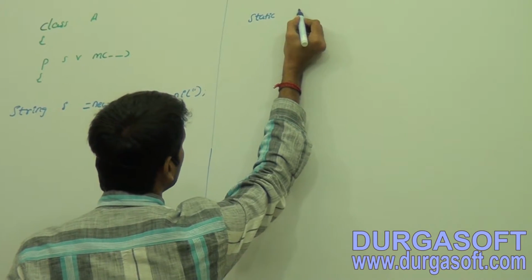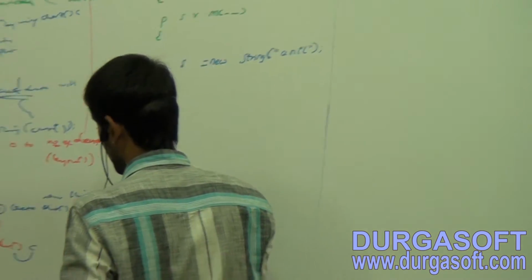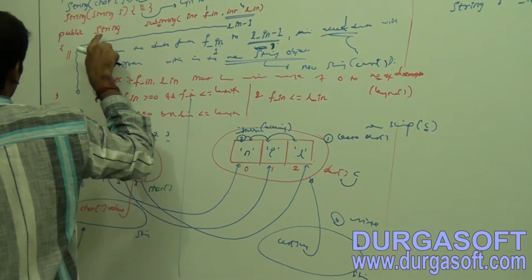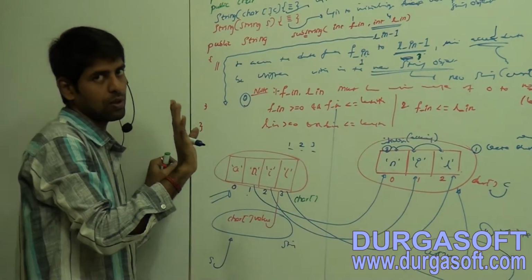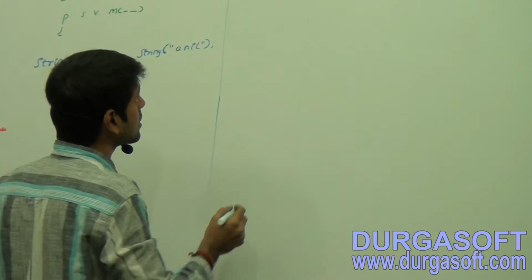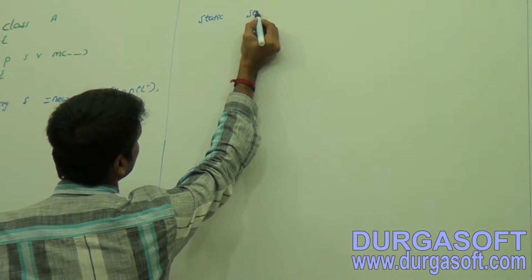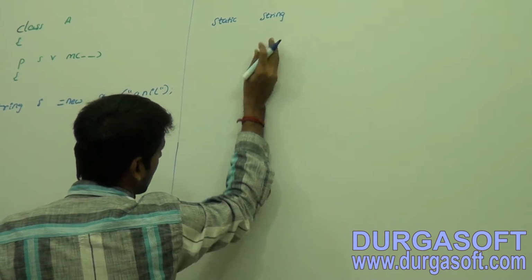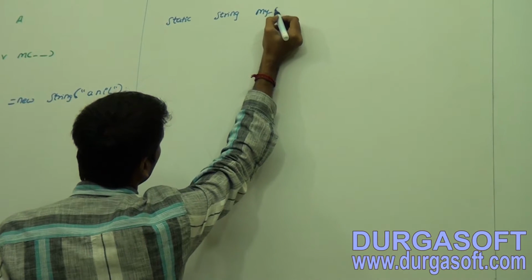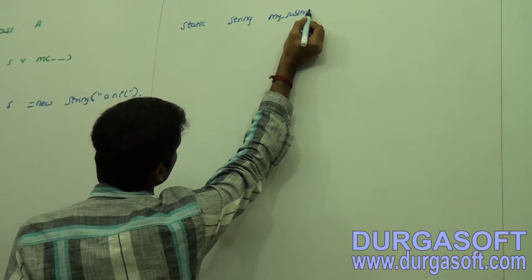Static. Here our substring method return type is what? String. So let me use the same thing. Okay, same. So let me put the return type for our customized method as a string. Now let the method name be my-substring.